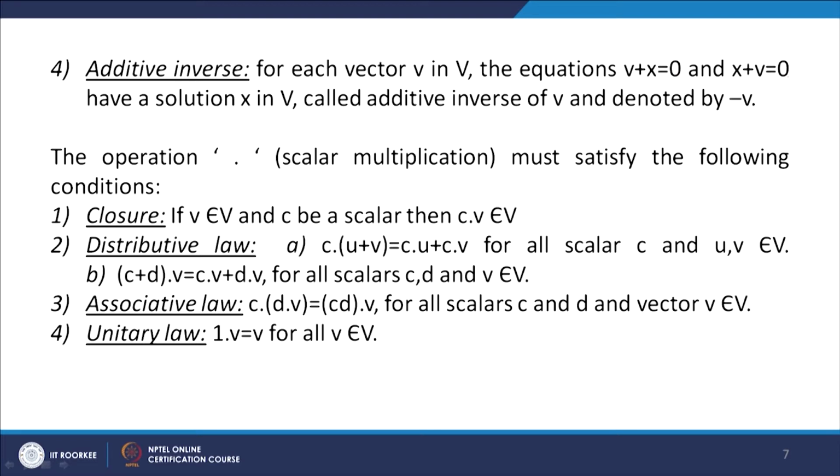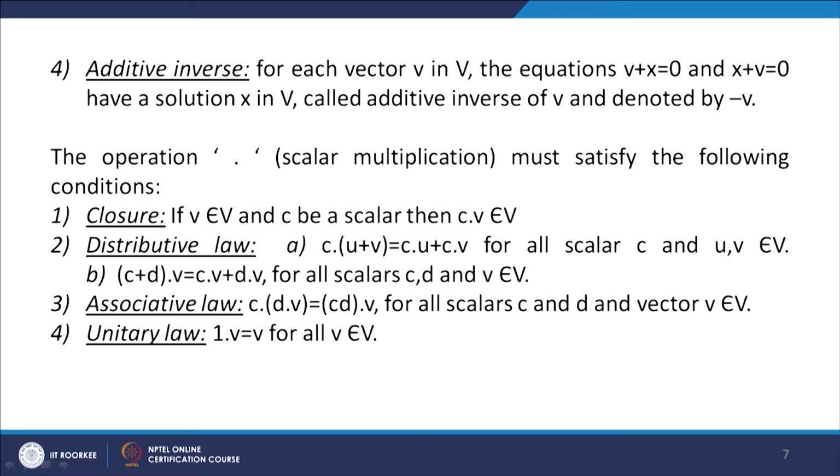So the additive inverse exists in the space V, and we have already seen that if v is a solution of the homogeneous system, then c times v is a solution of the homogeneous system. So the closure property holds. Then the distributive law, c dot (u plus v) equal to c dot u plus c dot v, clearly holds if u and v are any solutions of the system x dot equal to Ax and c is a scalar.